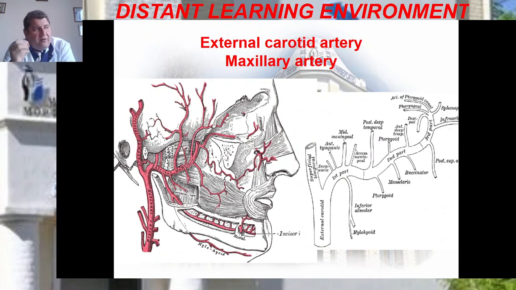One of them is really a middle artery, the ascending pharyngeal artery, and two middle branches are also correctly called terminal branches of the external carotid artery. First of them you may see here, the superficial temporal artery, and second is the maxillary artery.